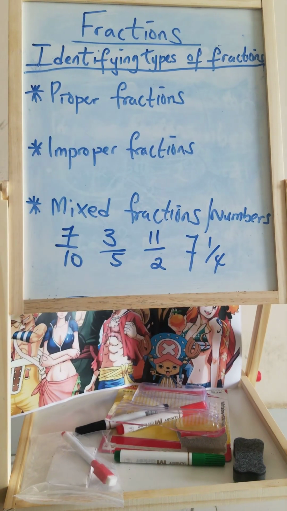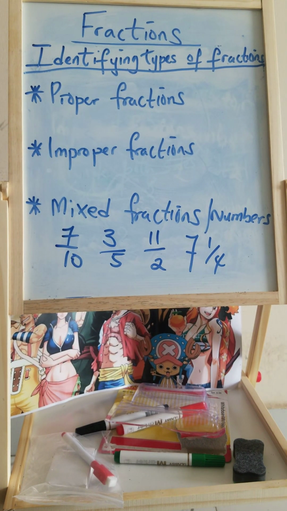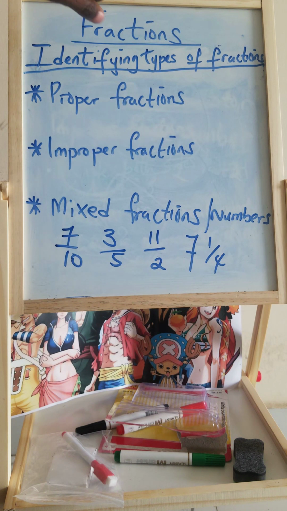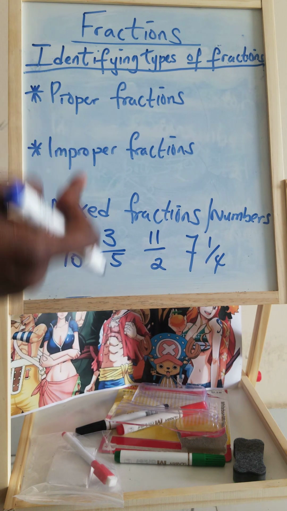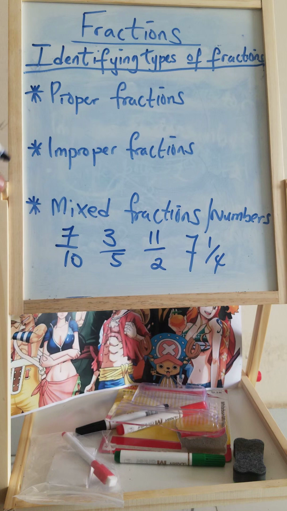These are different kinds of fractions. Now, talking about the proper fraction. In layman English, we will say a proper fraction is a type of fraction that its numerator is smaller than the denominator. That means the denominator, the number below the line, is greater than the number above the line.